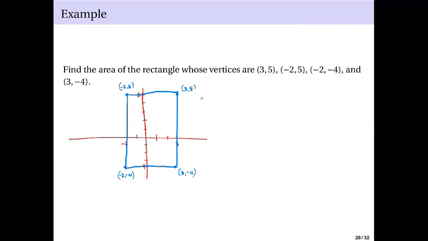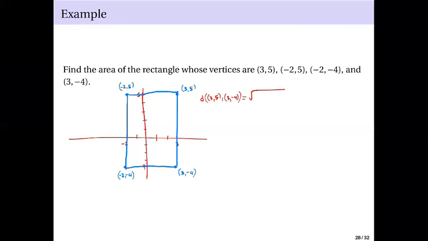So you want the distance between 3, comma 5 and 3, comma negative 4. So this point here and this point here. So notice you have the same x coordinate.